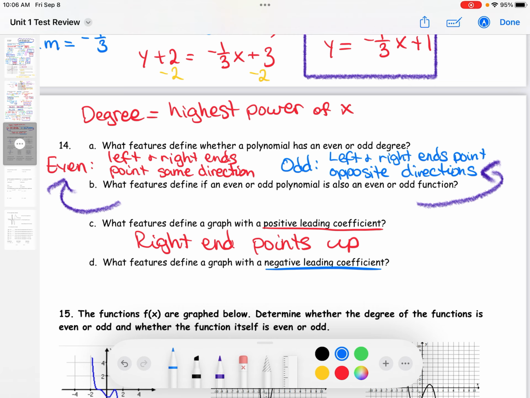On a negative leading coefficient, the right end points down, meaning the graph is decreasing as we go to the right.